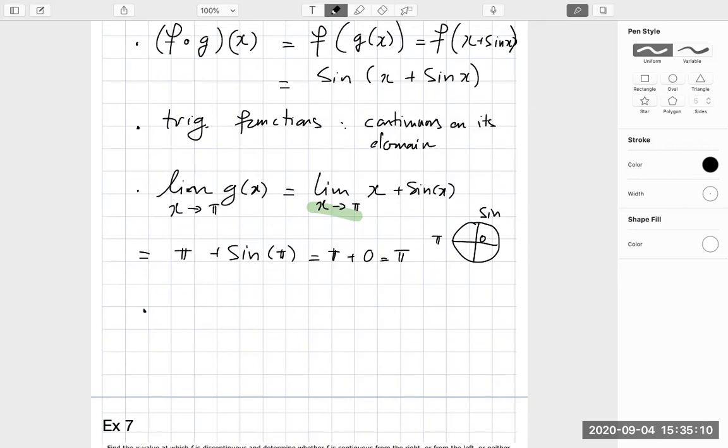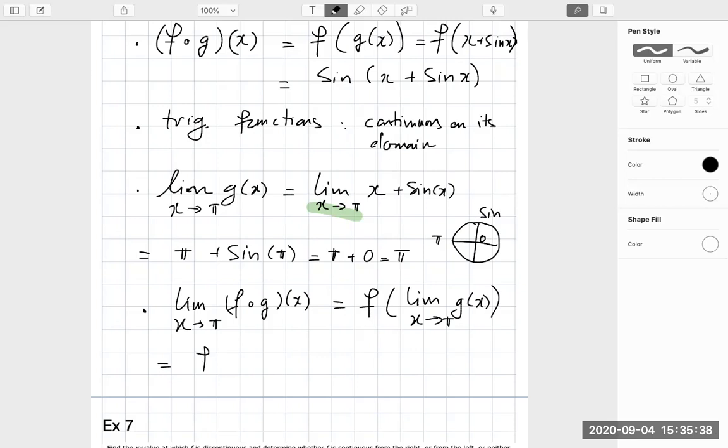So therefore, the limit of f composite g of x when x approaches pi will be f of the limit when x approaches pi of g of x, which is f of pi, and f of pi is sine of pi, and sine of pi is again 0.